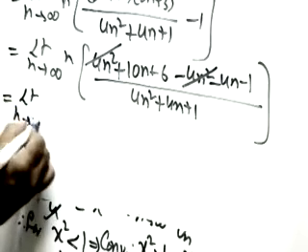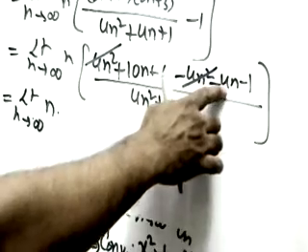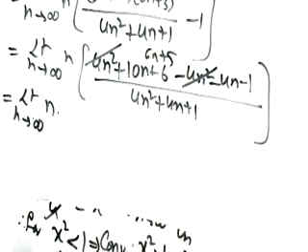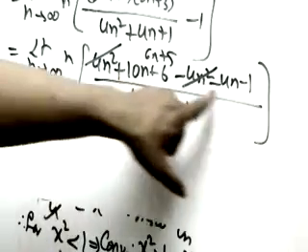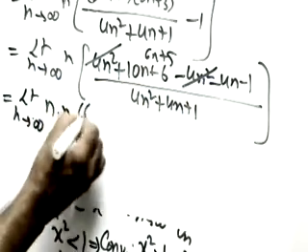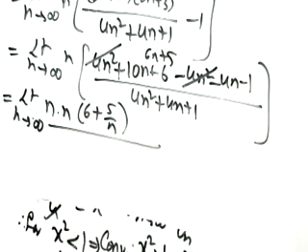Now what is left here? Limit n tends to infinity, n into, 10n minus 4n is 6n, and 6 minus 1 is 5, so 6n plus 5. Let me take n common here, so we are left with 6 plus 5 by n.